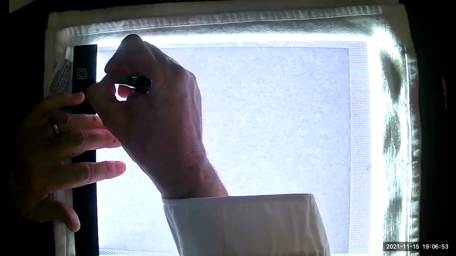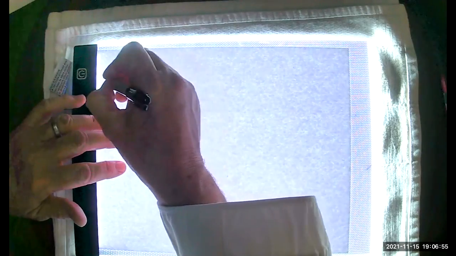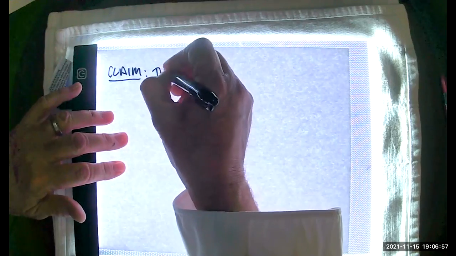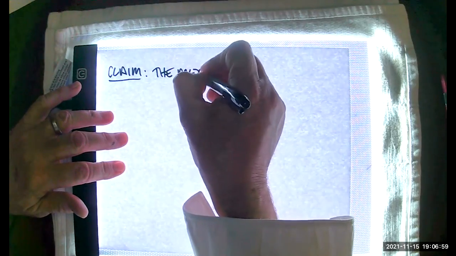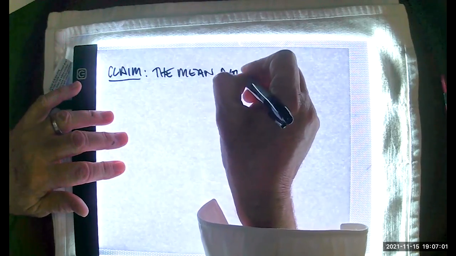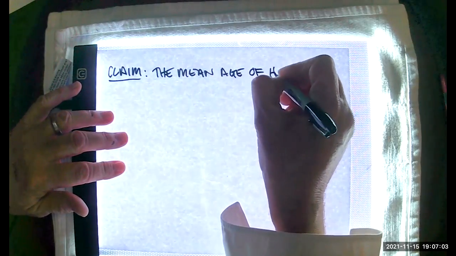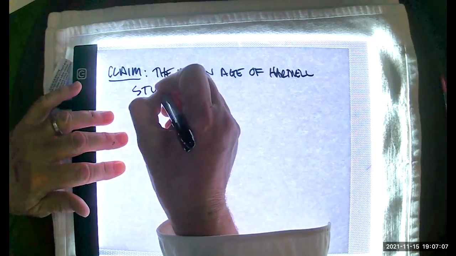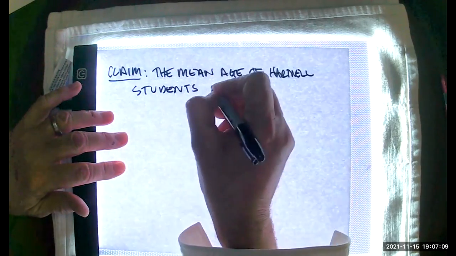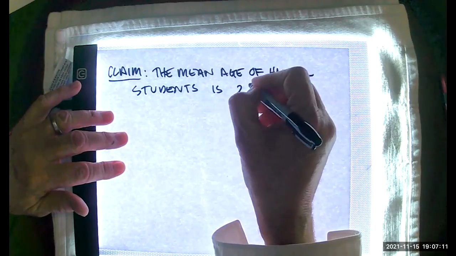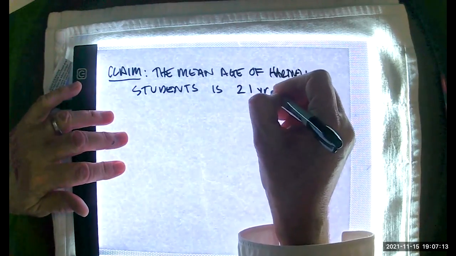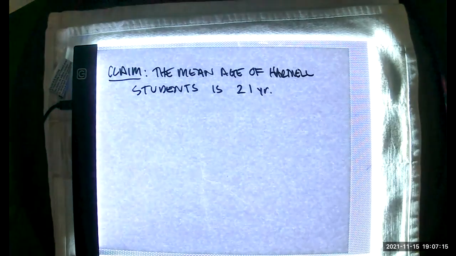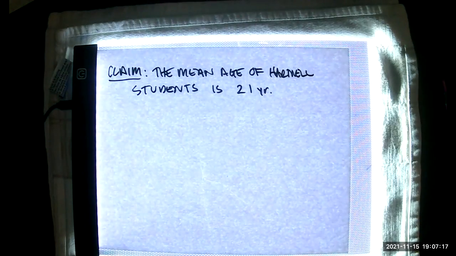Material in 8.3 is very, very much the same. Here's another claim. The mean age of Hartnell students is 21 years old.